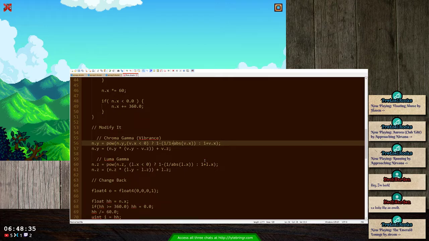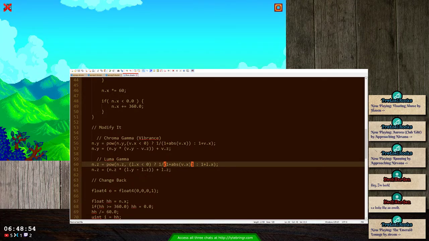I think it's actually supposed to be like this. Okay, more vibrant, less vibrant. Brilliant.